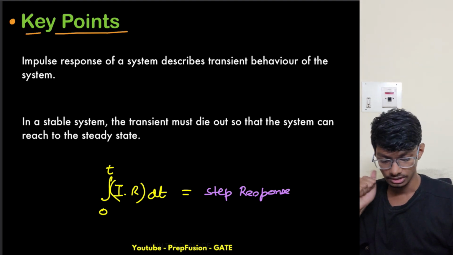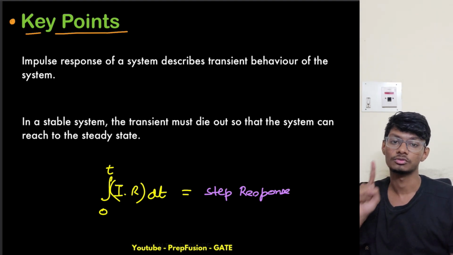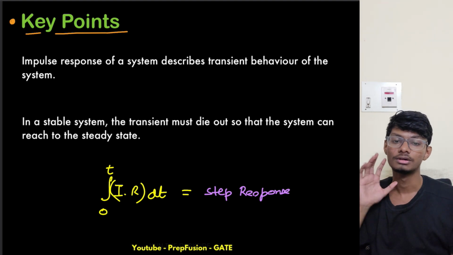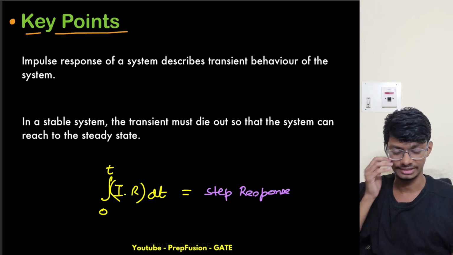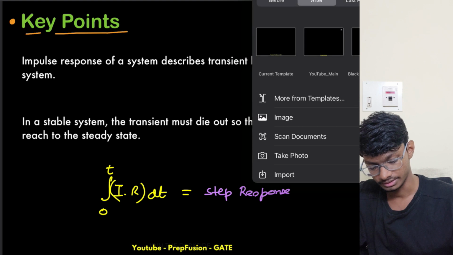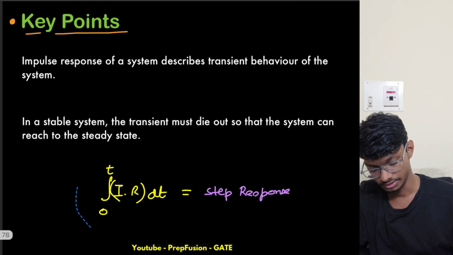Another point is that our impulse response should be absolutely integrable for our system to be stable. This is like a signals and systems thing, but still I will write it here. I should write these points here only.